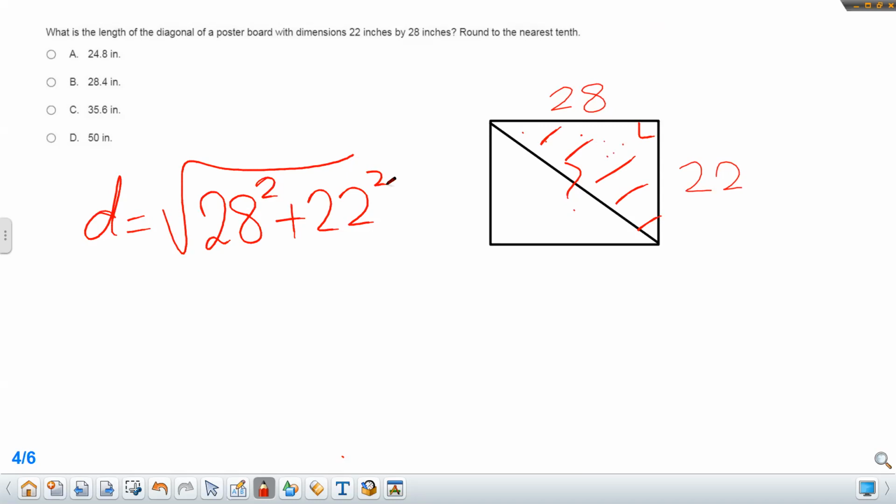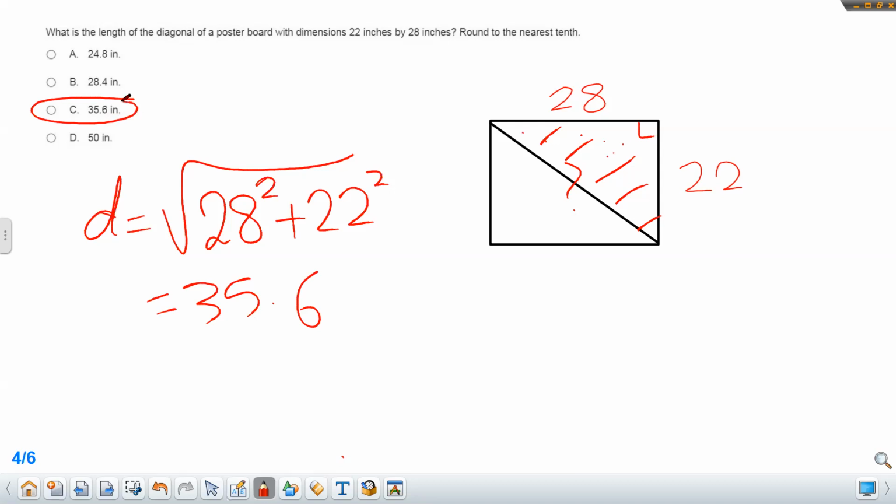If you want to find the hypotenuse, you take the square root of the sum of squares of the other sides, which is the square root of 28 power 2 plus 22 power 2. And the answer must be to the nearest tenth, which will be 35.6. So the correct answer is letter C.